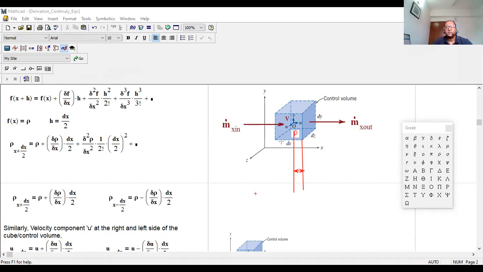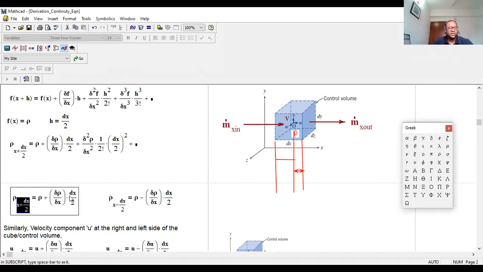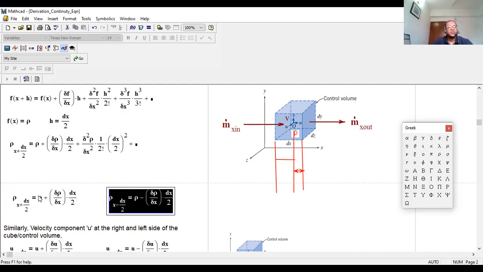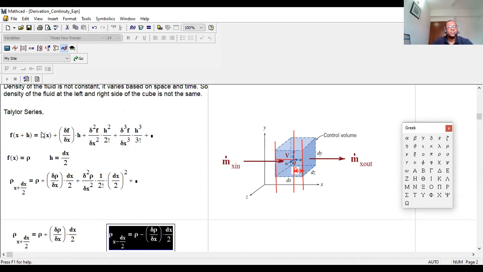But what about the distance from the center to the left? That will be this much, that means minus dx by 2. You need to travel along the negative x-axis. So this is the density on the right side, positive, and on the left side, this much.